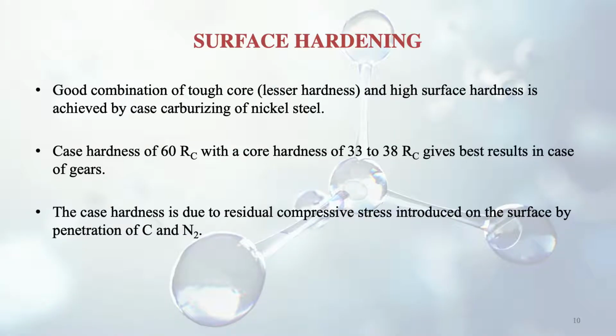The case hardness is due to residual compressive stress introduced on the surface by penetration of carbon and nitrogen. So this case hardening takes place by the residual compressive stresses induced by the penetration of carbon and nitrogen gas.